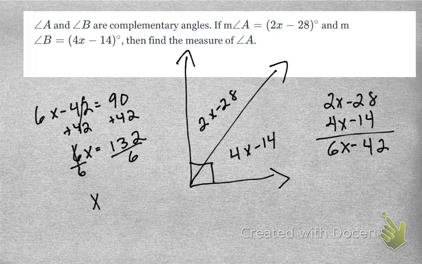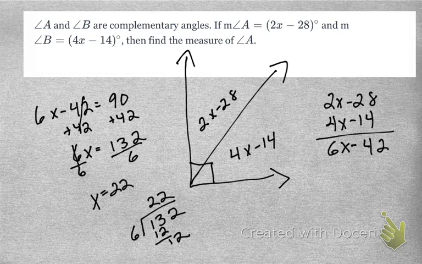And then we're going to divide by 6 and pray that that goes evenly. X is going to be equal to, I just did it in my head, but I want to show you. 6 goes into that 2. 22. So x should be equal to 22. And we can double check that by just plugging in a 22 here and a 22 here and doing the math.